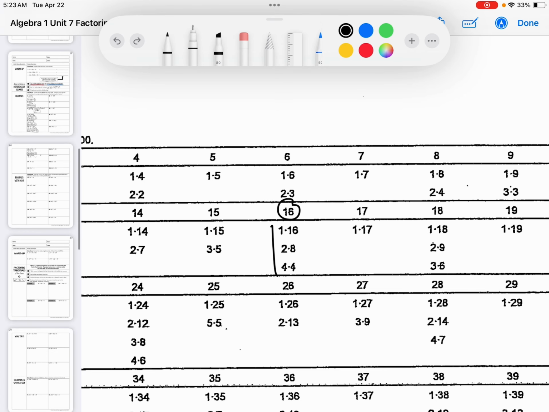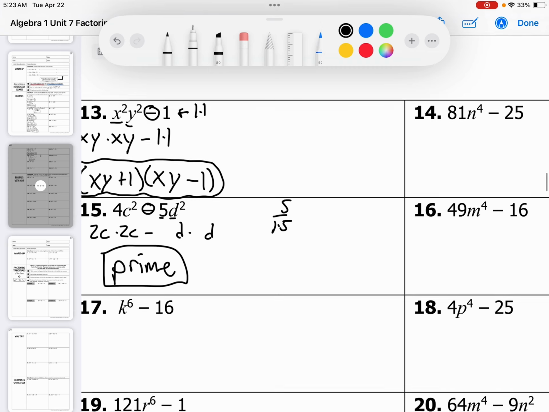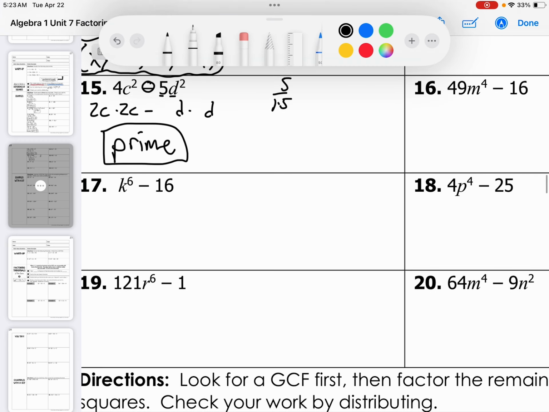So the only numbers that multiply to 5 are 1 and 5, which means I can't break 5 down into something times itself. That means that this one is going to be prime. This one can't be factored because we can't break that 5 down into a number times itself, at least not a whole number.